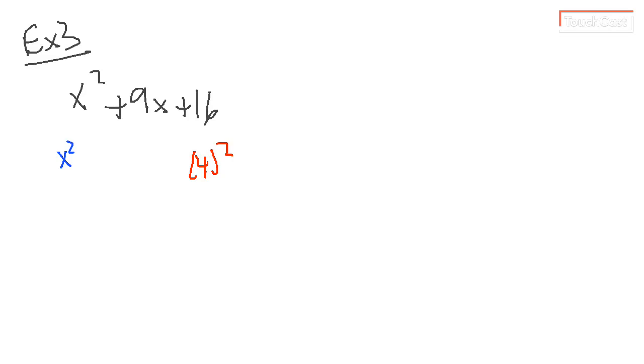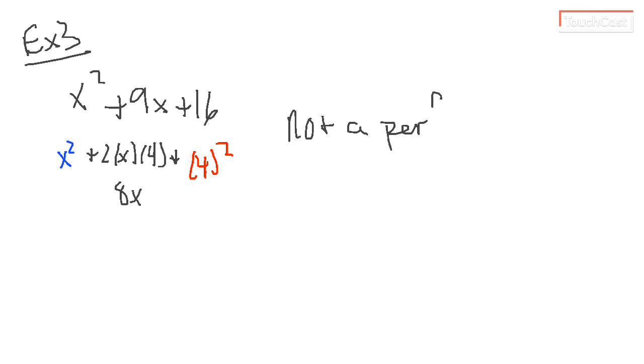We want to see, is 2 times x times 4 equal to 9x? Well, 2 times x times 4, that's 8x. That doesn't equal 9x, which means this is not a perfect square trinomial. And in this case, we're not going to try factoring it. We're just going to say not a perfect square.